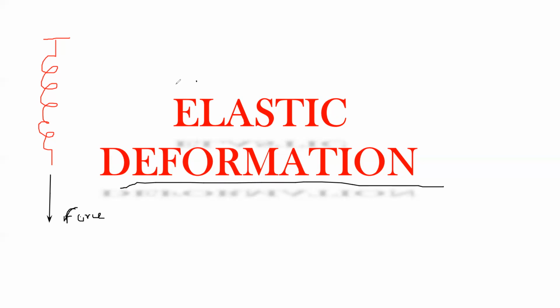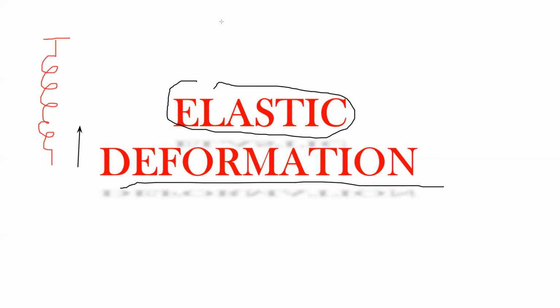And what is the meaning of elastic deformation? The term elastic means, if I remove this force and I'm not applying any force on this spring, what will happen? This spring will return to the same original position, same original size. When the spring returns to the same original size, we call that elastic deformation.